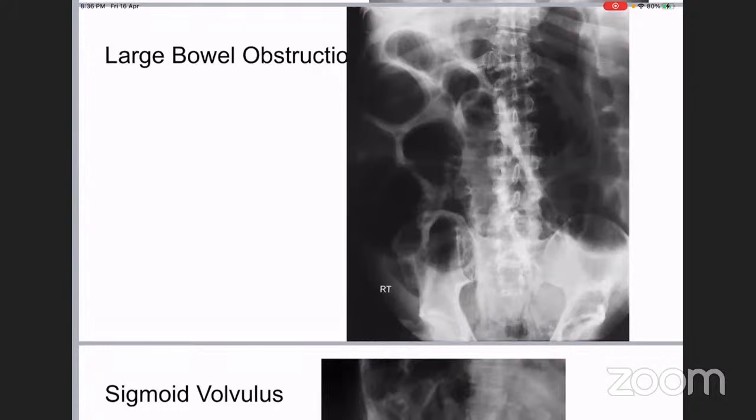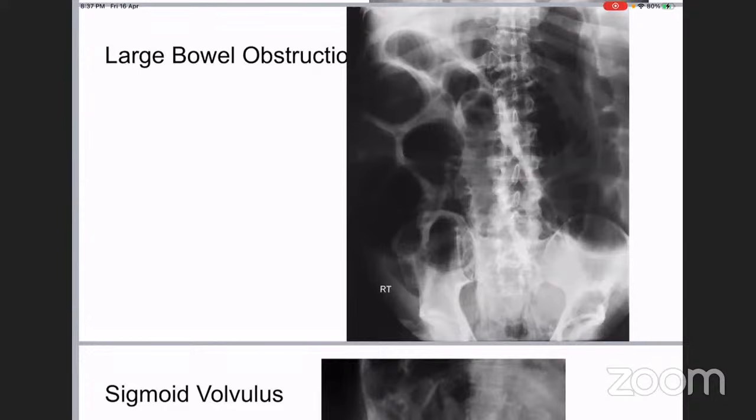You also will need to know the cutoffs of the maximum diameters of the different parts of the bowel. What is the cutoff to call it significant bowel dilatation? There is something called the 369 rule.